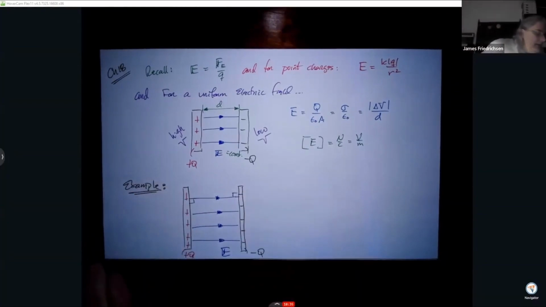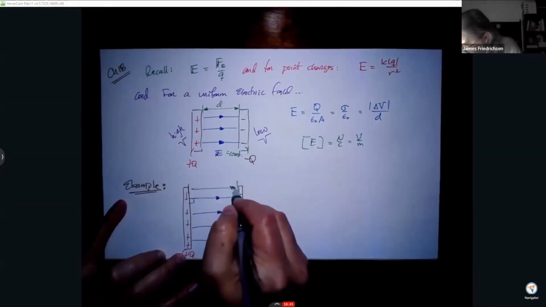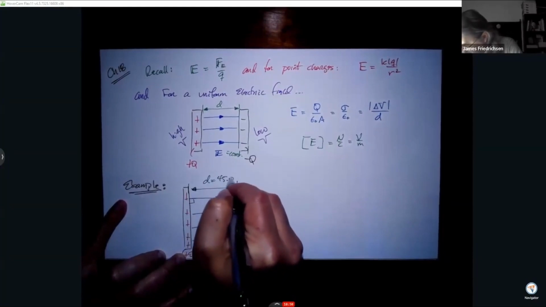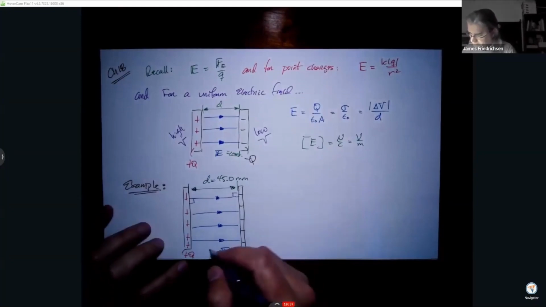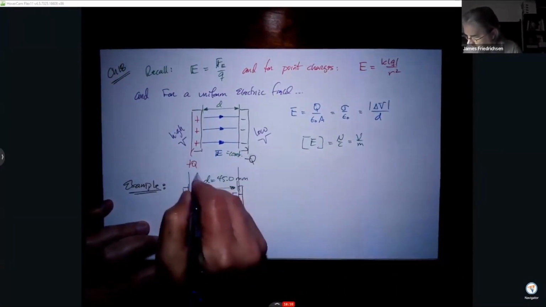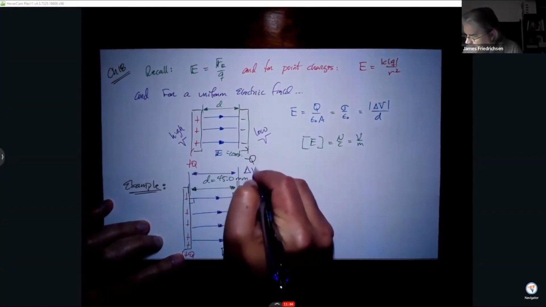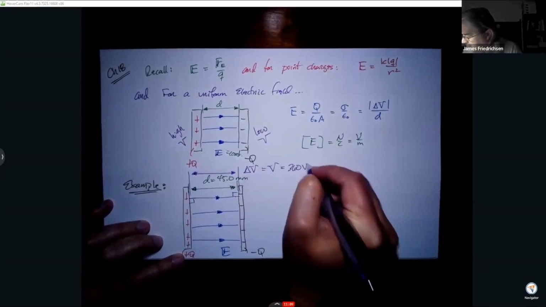And then it said in the statement that they were separated by 45.0 millimeters. So that is our plate spacing. And it said that the potential difference between them is 360 volts. So my potential difference, or just the voltage between the plates, is 360 volts, like so.